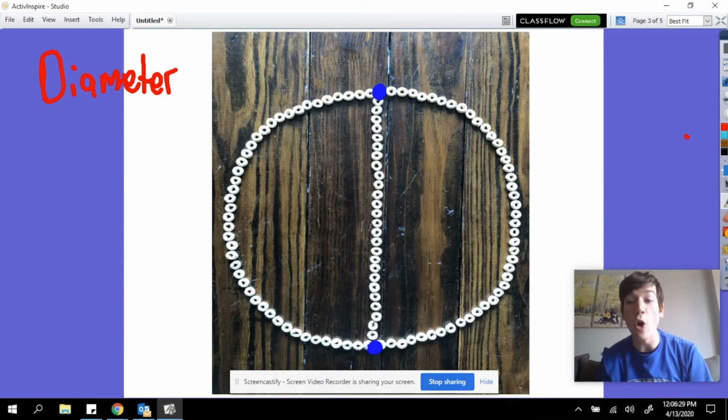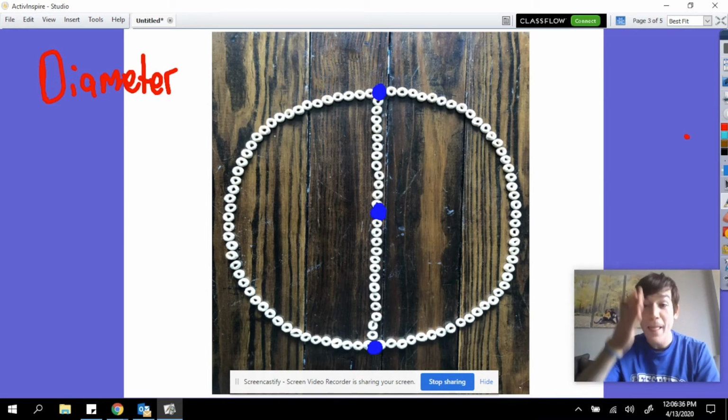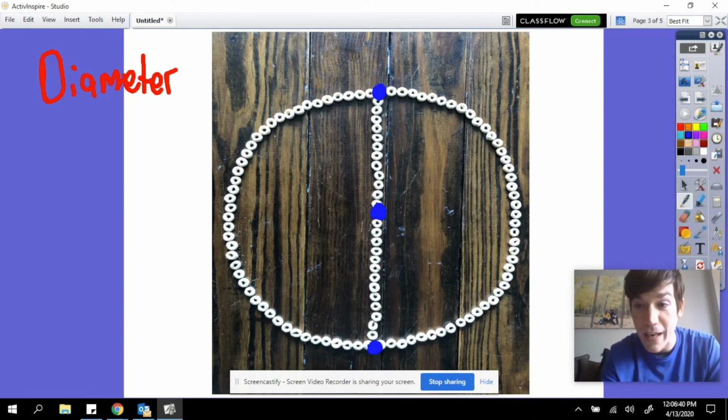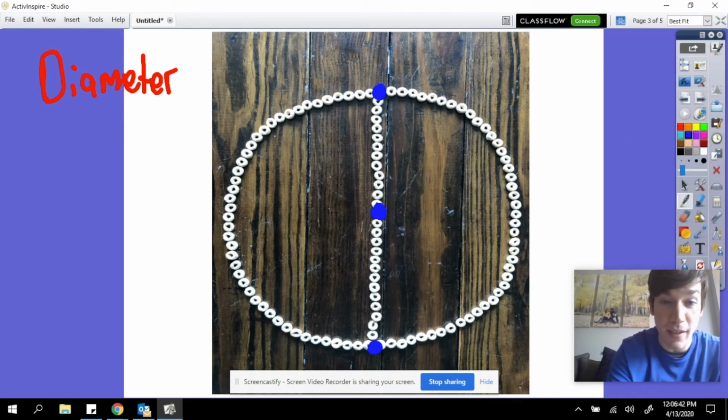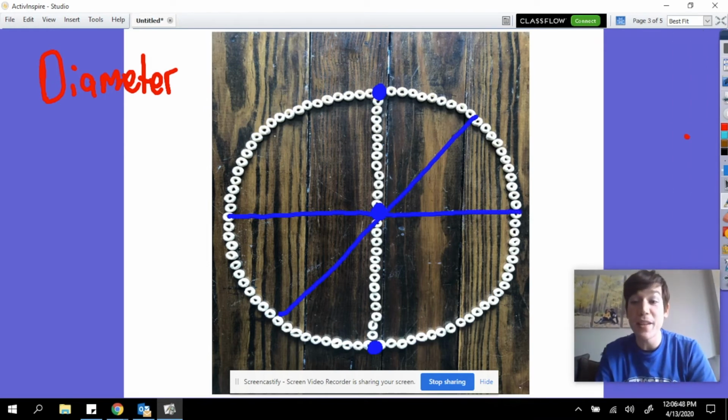But the diameter always passes through the center. So it's always going to pass right through the center of my circle, and it connects two points on the circle. So that would be a diameter, but we could also say that this would be a diameter, or this would be a diameter. And the interesting thing about the diameters is, again, they will all be the same length.